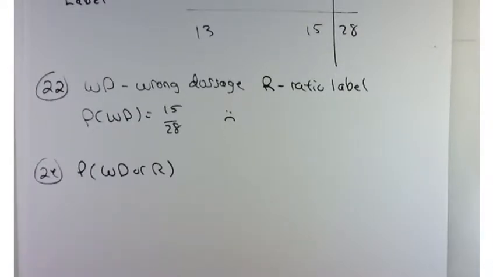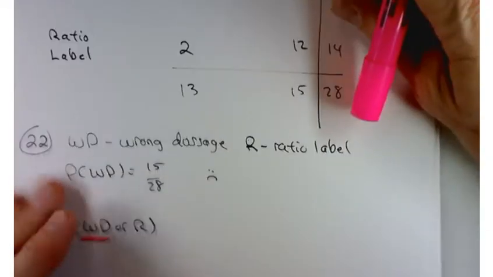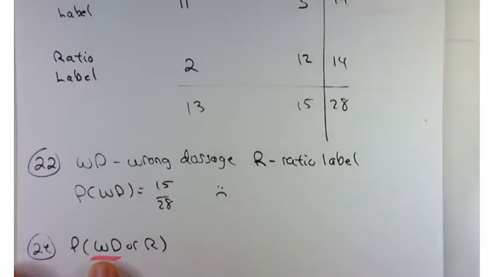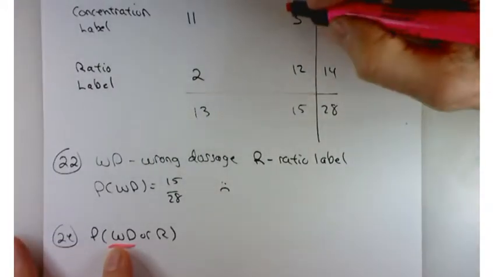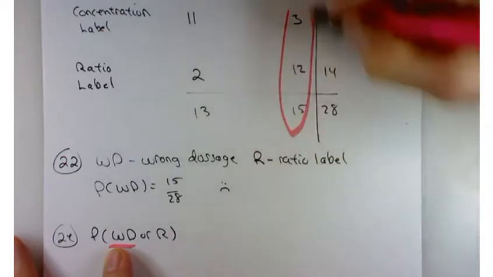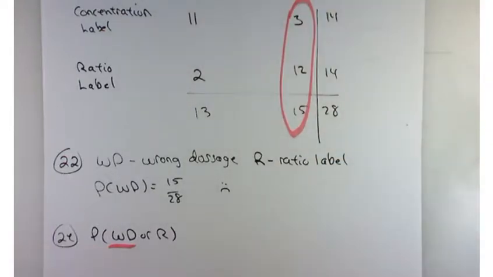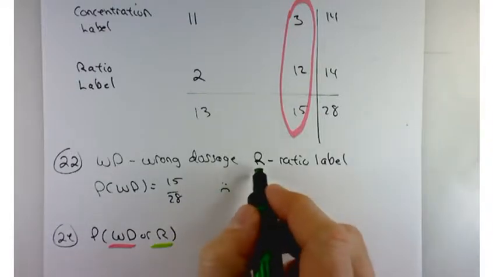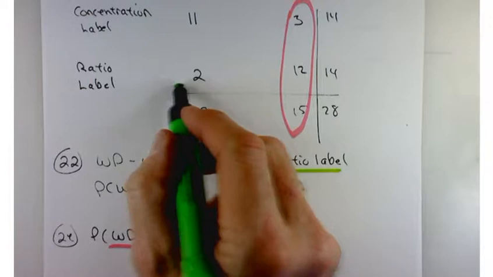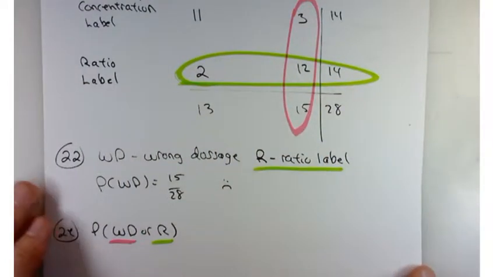So again, let's take a look at these things. Probability of WD, the wrong dosage, that's this column right here. These are the people who got the wrong dosage. And R is our ratio label. These are the people who got the ratio label.